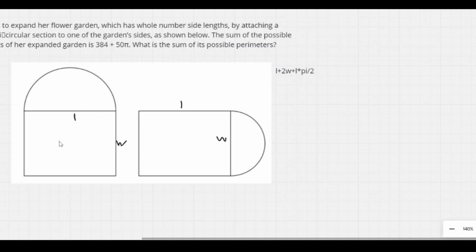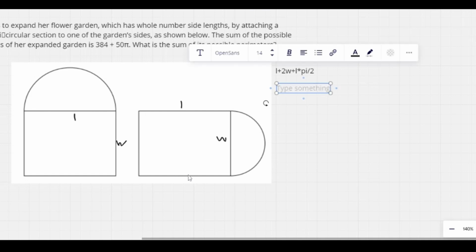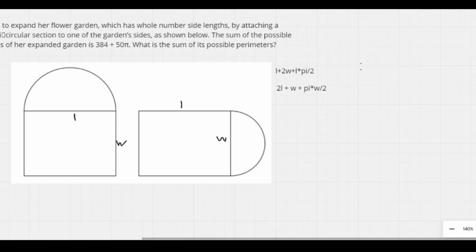So that's for case 1, if the semicircle is on side L. Now for this case, if the semicircle is on side W, then it'll be 2L plus W plus pi times W over 2. So we add these two together, which will give us the total perimeter.